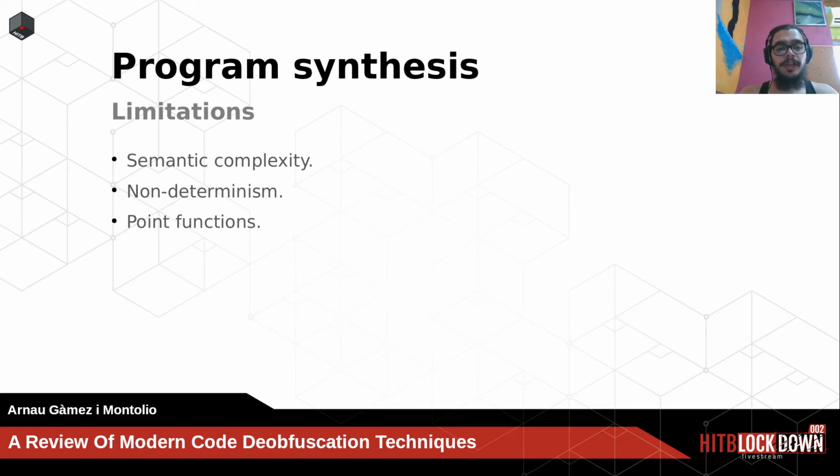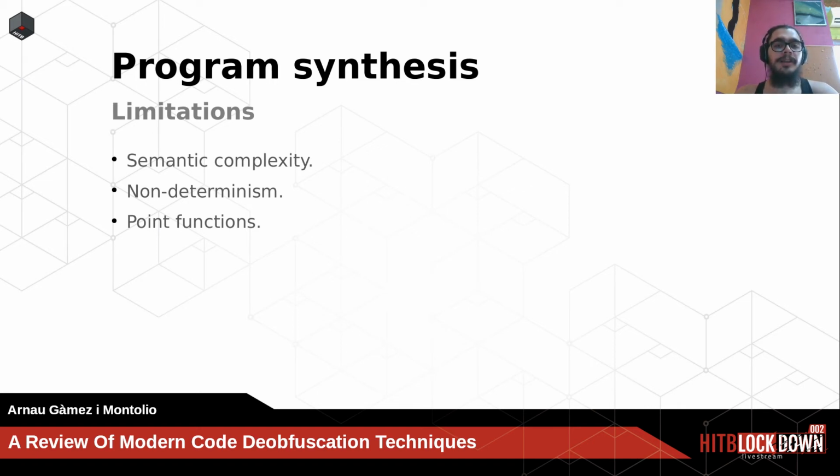Then, of course, dealing with some source of non-determinism in the code, it will be basically impossible to synthesize such a thing, because we are relying on the input-output behavior, but we cannot actually rely on it because it has some non-determinism inside.